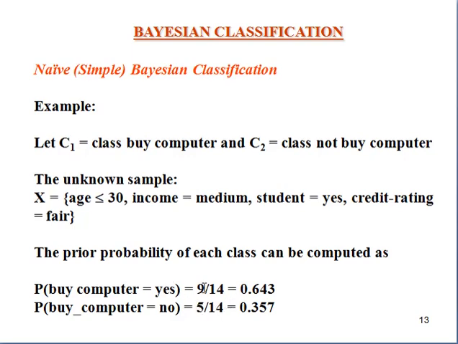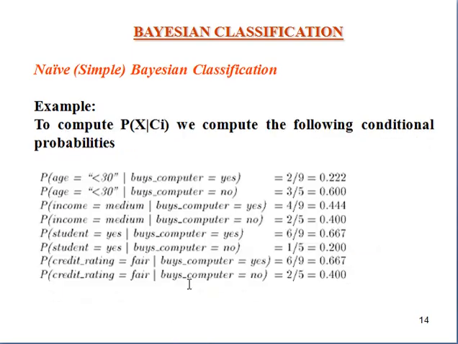So this probability will come out to be 0.643, and this probability will come out to be 0.357. So we have these two prior probabilities here on the basis of our input data set, on the basis of the knowledge we have here.